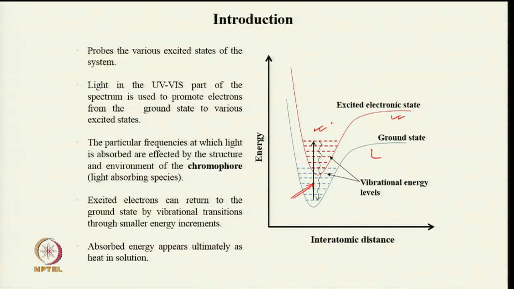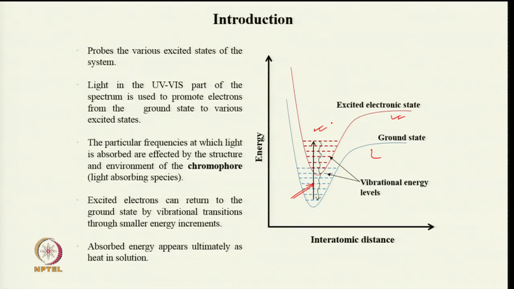The particular frequency at which light is absorbed is affected by the structure and environment of the chromophore. So, here we are going to discuss conjugated double bond systems as chromophores, and the structure and environment of the chromophore will decide the frequency of the transition.